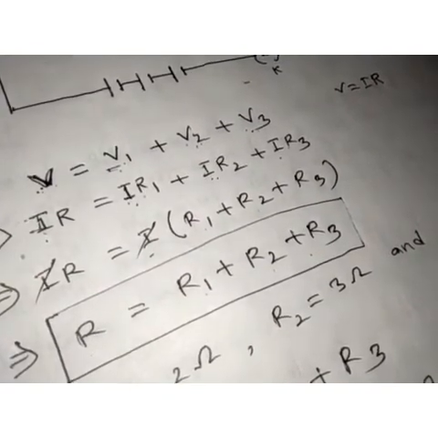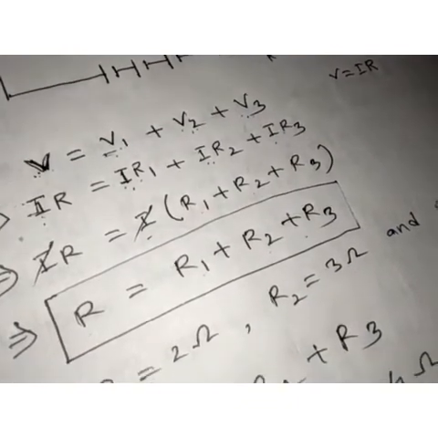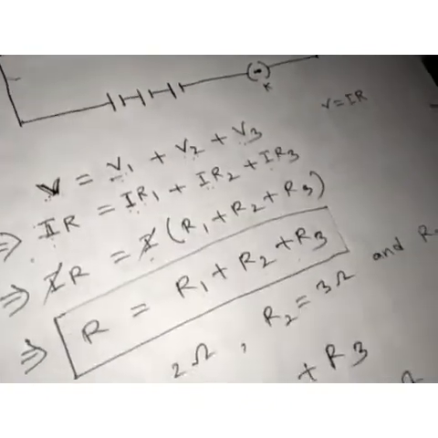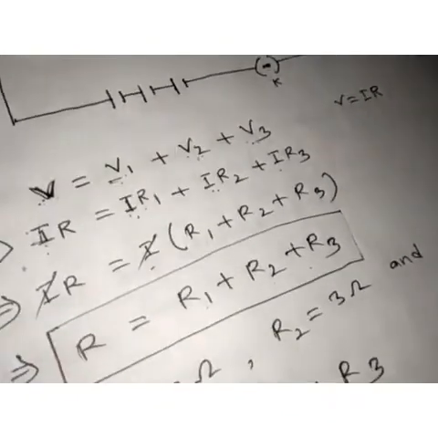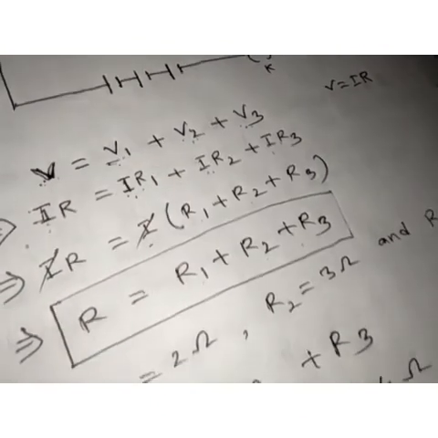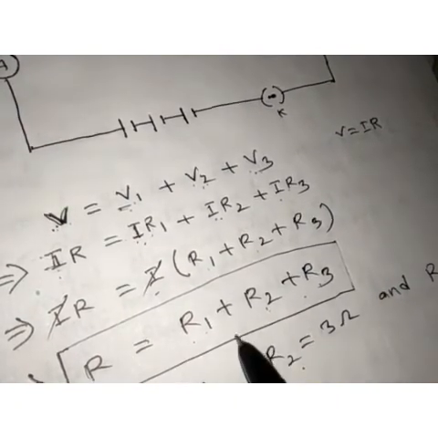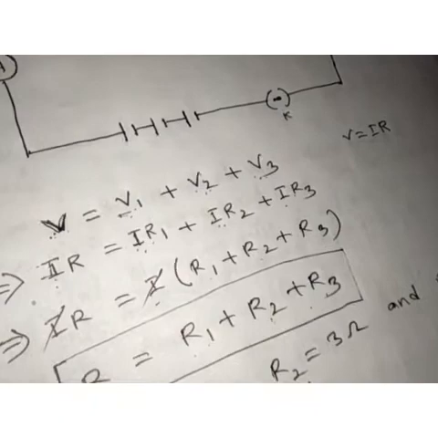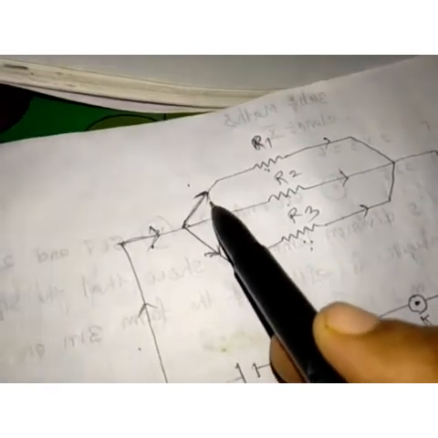We have to sum all the resistances, then we get the equivalent resistance of all those resistors. Suppose R1 is 2 ohm, R2 is 3 ohm and R3 is 4 ohm, then, since they are in series connection, we have to add, and we get the equivalent resistance of these 3 resistors.